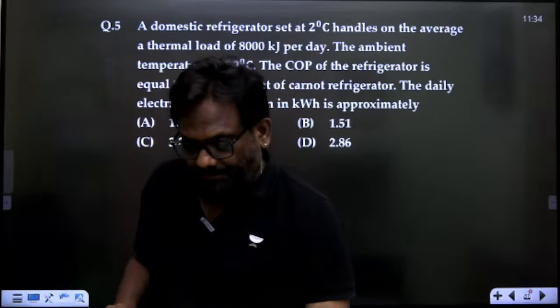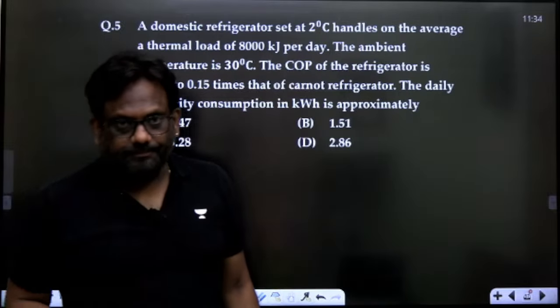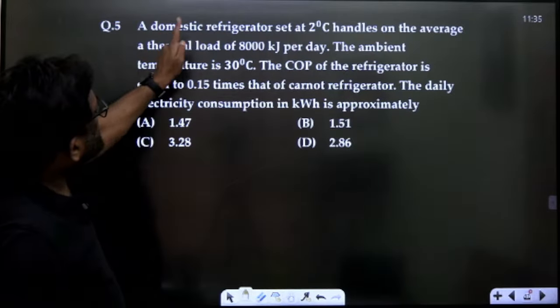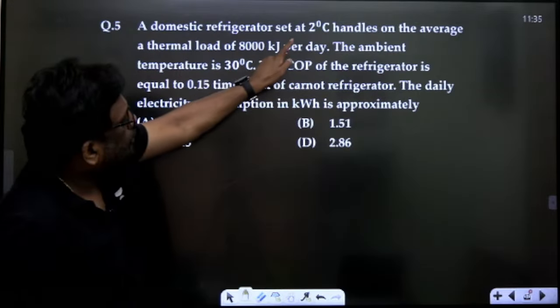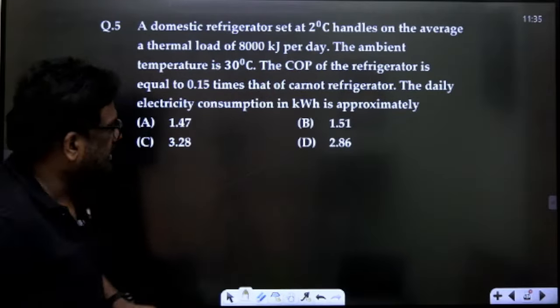It's a good question, sir, a slightly good question. A domestic refrigerator set at 2 degree centigrade. What is this 2 degree centigrade?